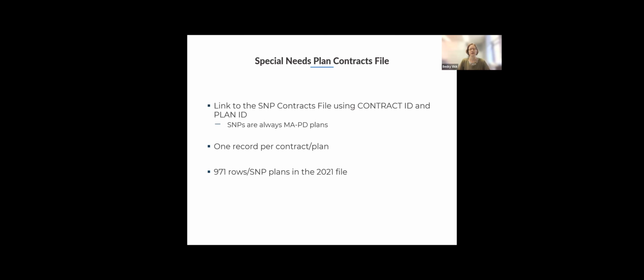I did validate that 971 number with the base plan characteristics base file. There's a variable in there called SNP type in the base file where you can distinguish between the three SNP types: the chronic condition SNPs, the dual eligible SNPs, and the institutional SNPs.